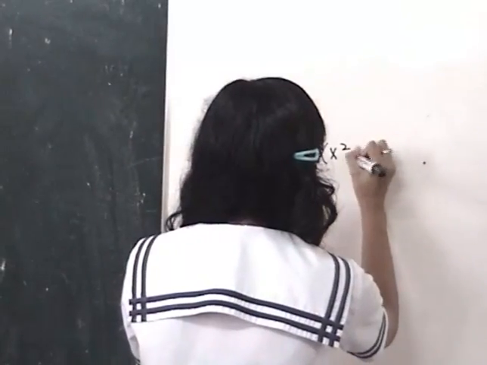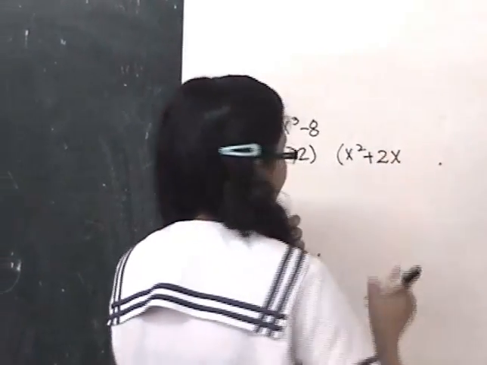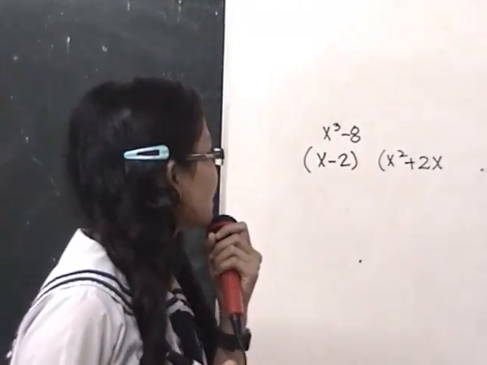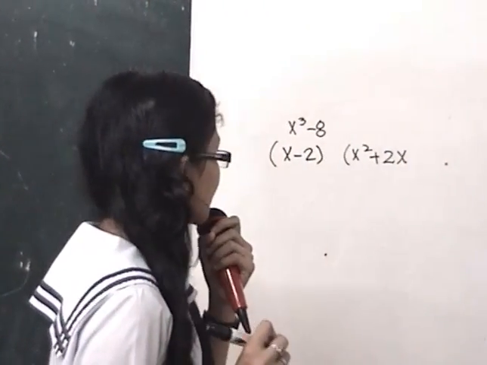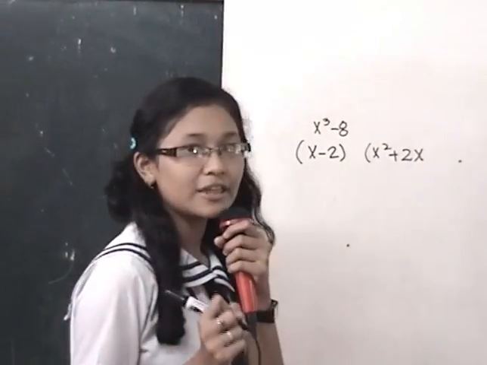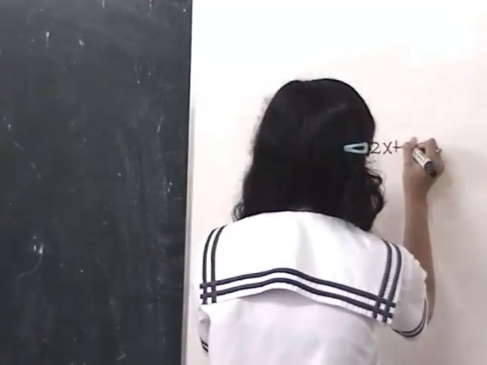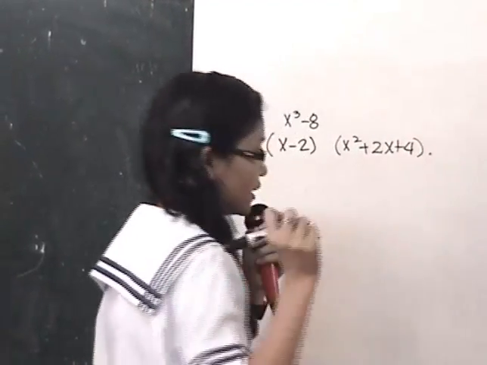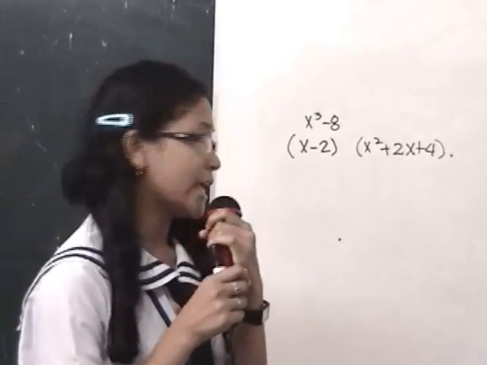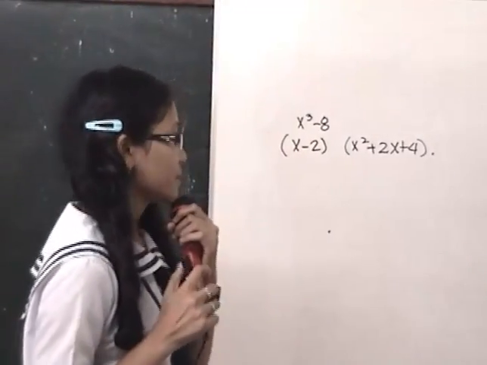Example, positive 2x. And to get the last term, square the last term of the first factor. Negative 2 times negative 2 is equal to positive 4. Therefore, the trinomial factor of x cubed minus 8 is x squared plus 2x plus 4.